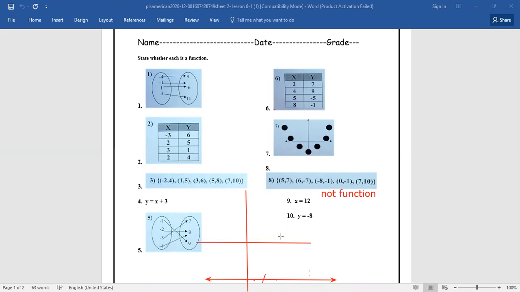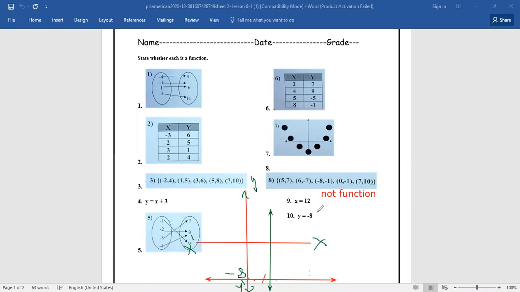parallel with the x-axis. Draw the vertical line test. Don't be confused, please: this is the x-axis and this is the y-axis, and the line here stops at negative 8.